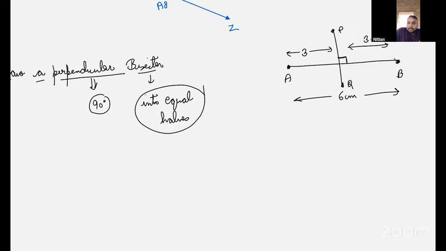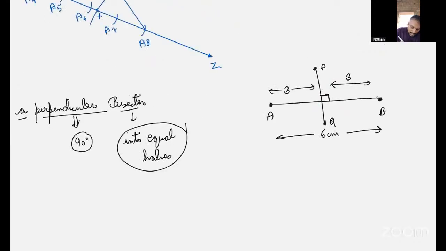This shows that PQ is the perpendicular bisector of line segment AB, which means it divides it into two equal halves and makes 90 degree with the line. Are you getting my point?